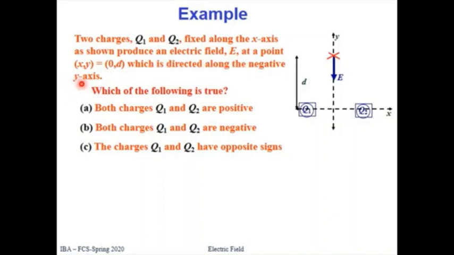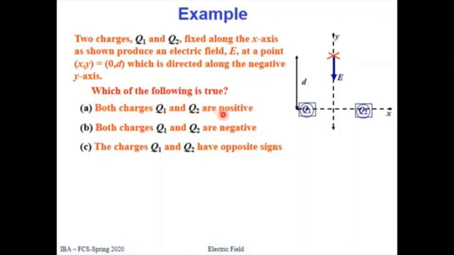Therefore, which of the following is true? Both charges Q1 and Q2 are positive. Both charges Q1 and Q2 are negative. The charges Q1 and Q2 have opposite sign. Let's see one by one.